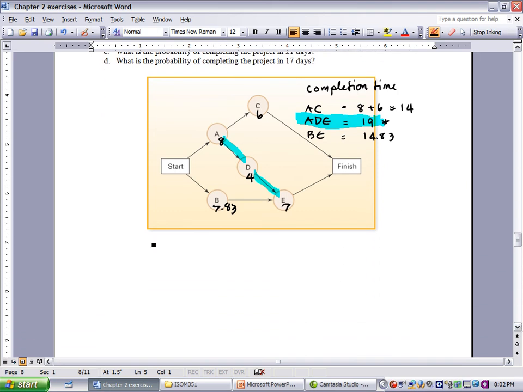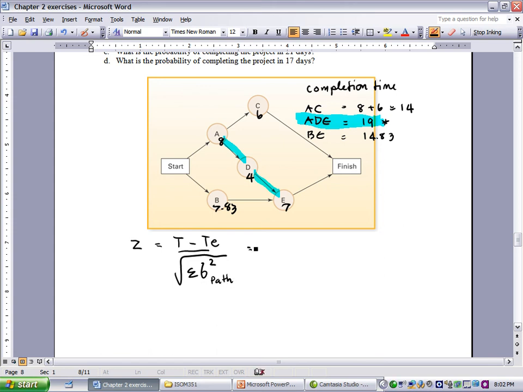In order to find probability, we're going to use Z equals T minus TE divided by the square root of the sum of sigma squared of the path.